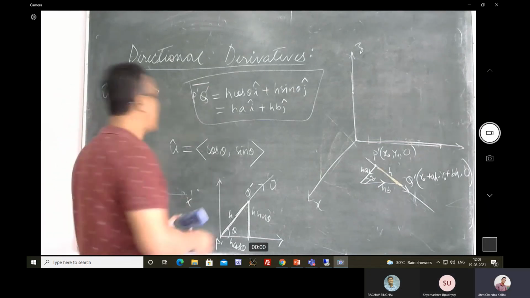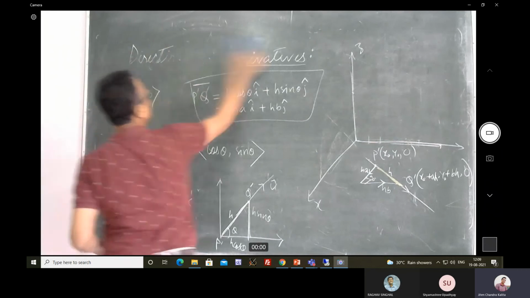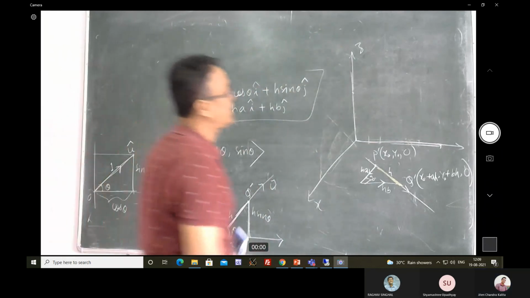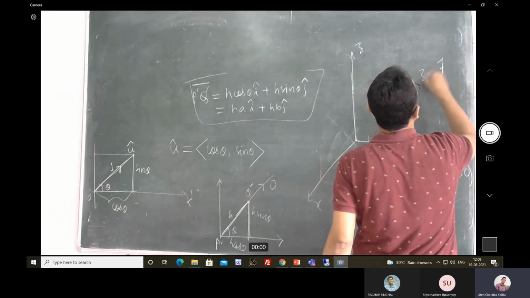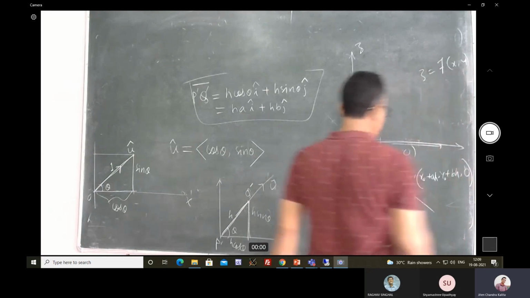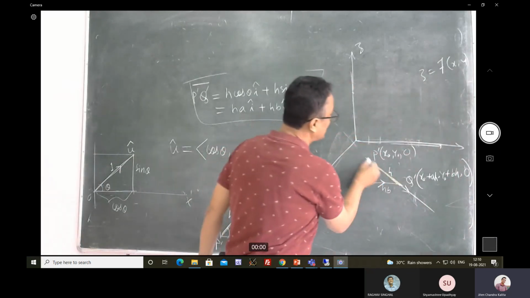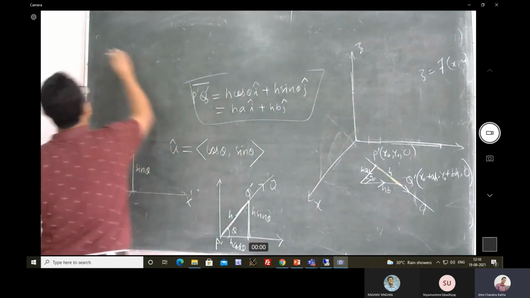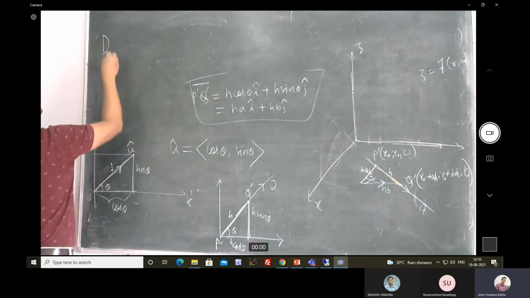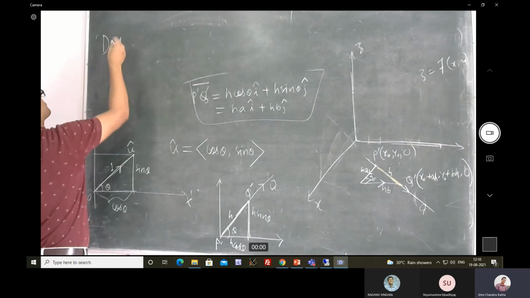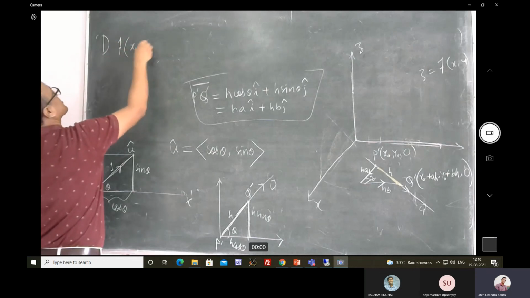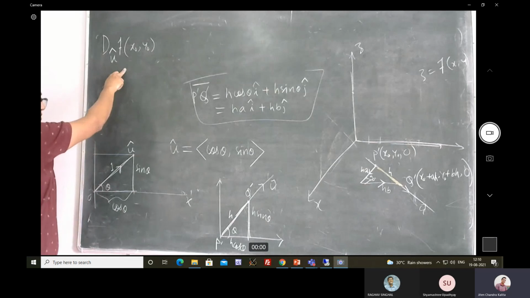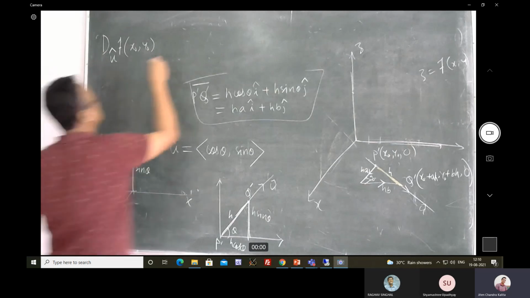So if I want to find the derivative of f in the direction of u, which is denoted by the derivative of f at the point x0, y0 in the direction of u, it is called the directional derivative.